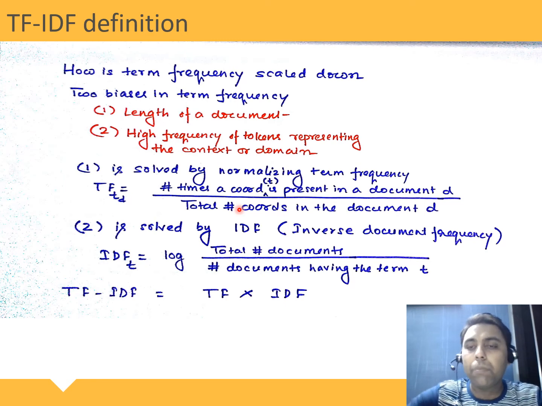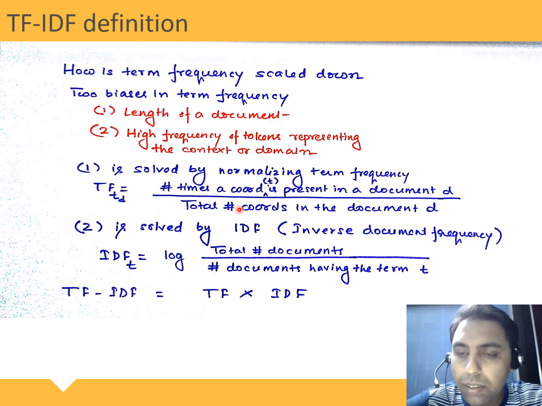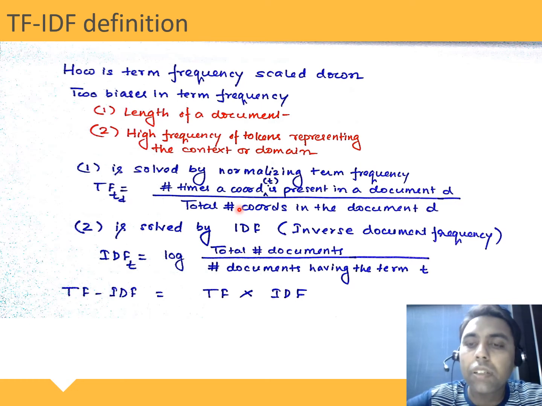So for example, if you are handling a document or a particular observation in the dataset which has 50 words, then instead of counting the term frequency, you basically divide all the term frequencies by 50. So 50 is the total number of words in the document, and it obviously normalizes and eliminates the bias due to the size of the document.